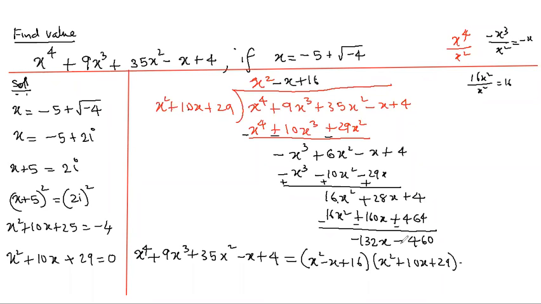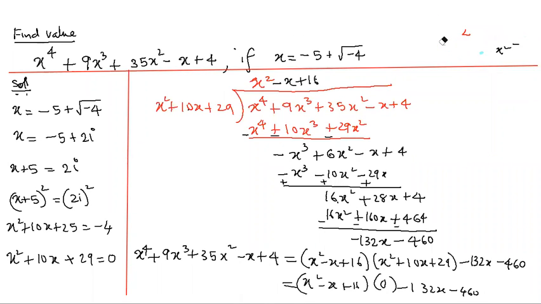Then the remainder. What is the remainder? 132x minus 460. Now this will become 0. So x square minus x plus 16 into 0, plus 132x minus 460. So finally my answer has only two terms.